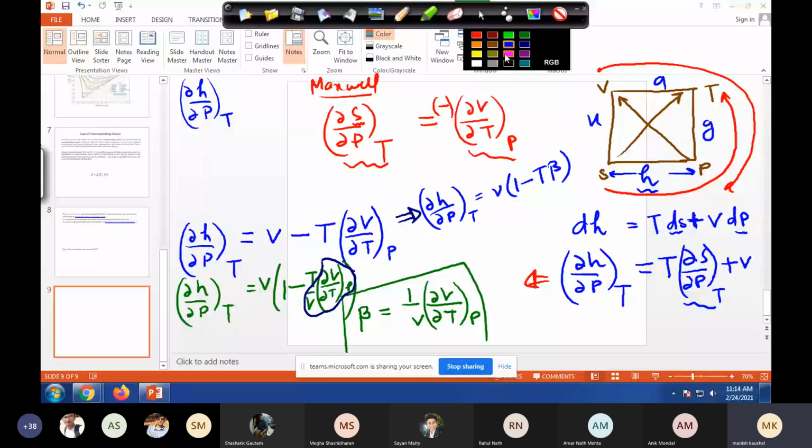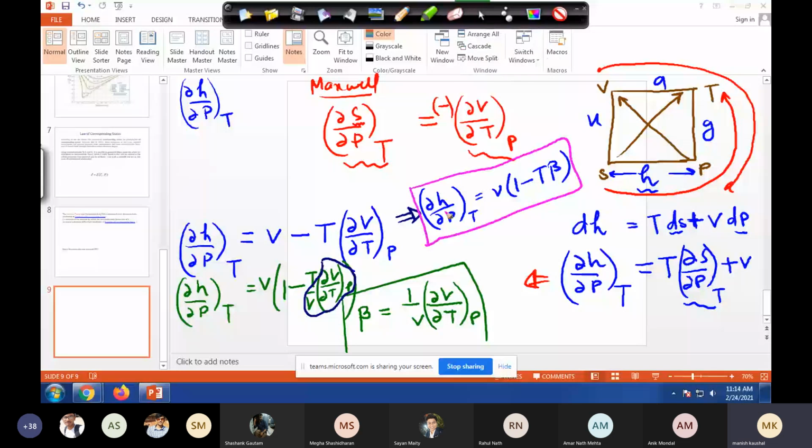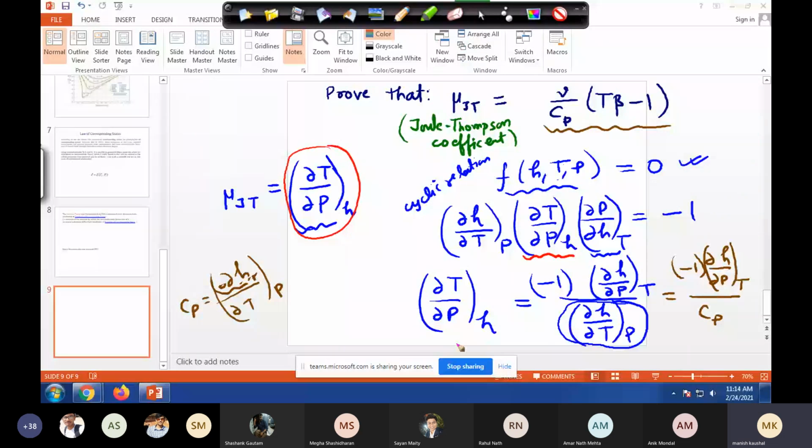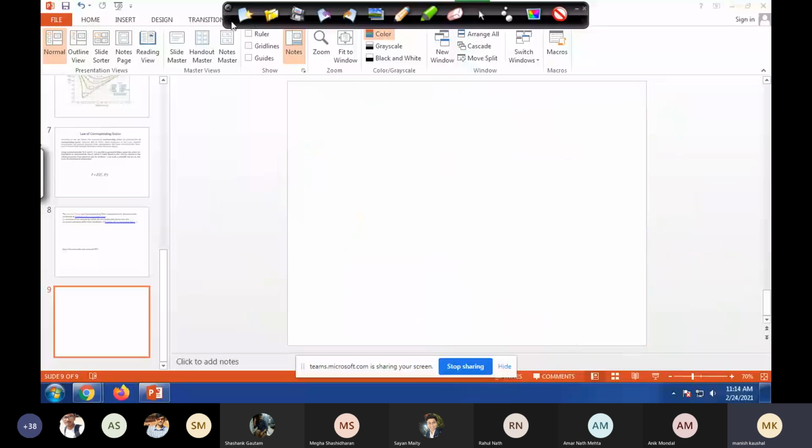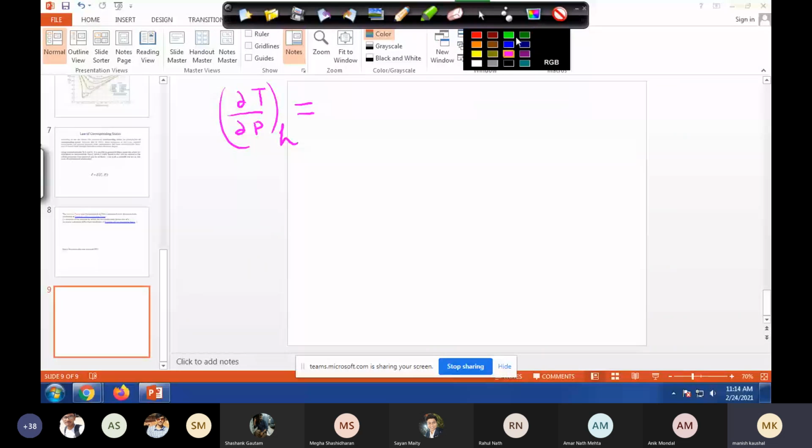Let's encircle it, and now we'll put it in our main relation. So you can see here, we want this, which is equal to this. So ∂T/∂P at constant H, that is our requirement, is equal to minus of ∂H/∂P at constant T divided by Cp.